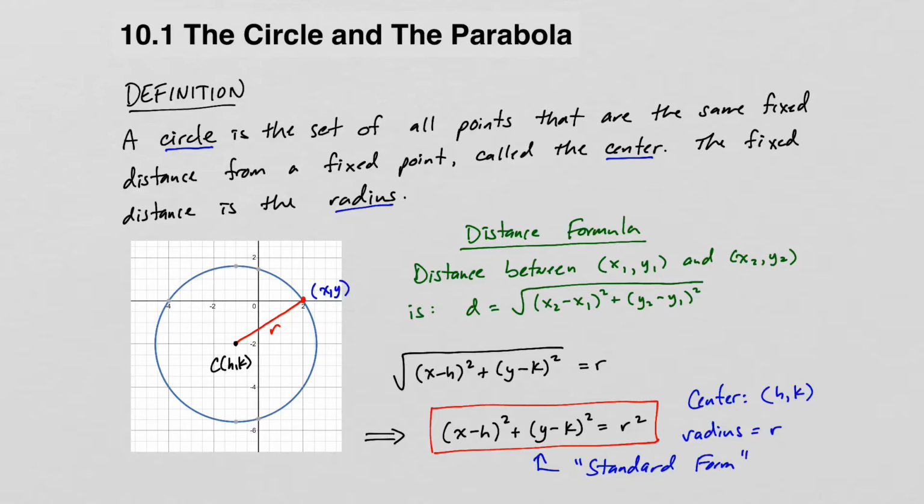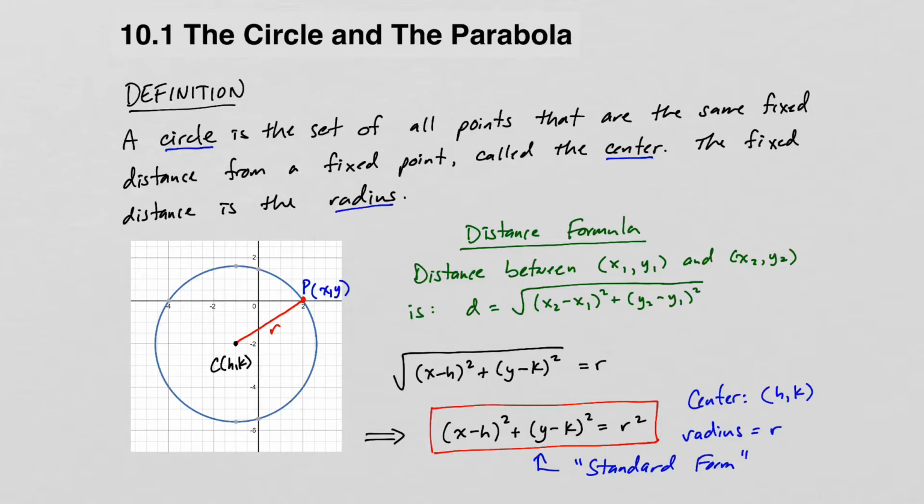So what we want to do is talk about how you get the equation for all the points that are on a circle like this. Now, I'm going to call the center of our circle (h, k). And any point, let's say any point P on the circle, we're going to call that point (x, y).